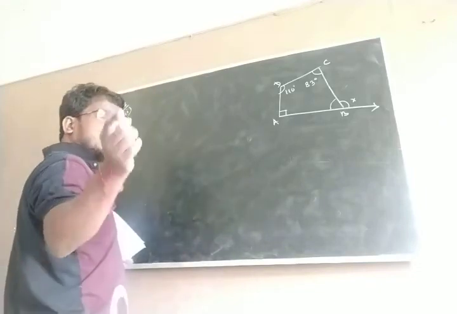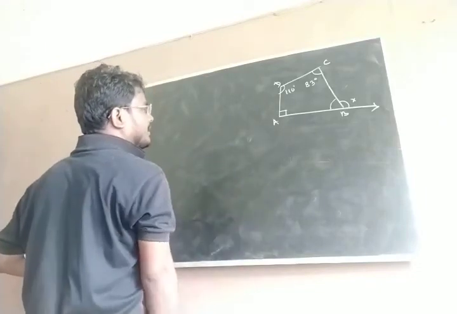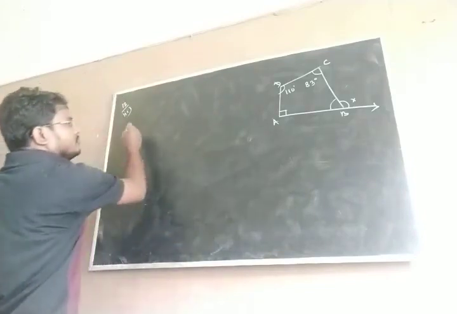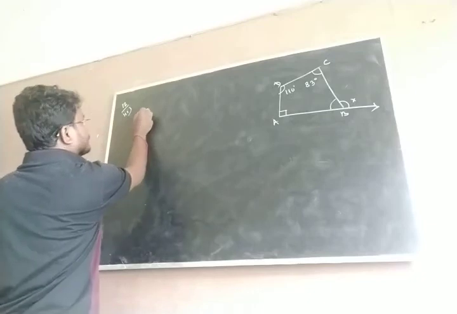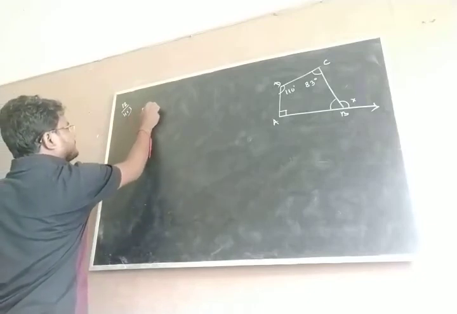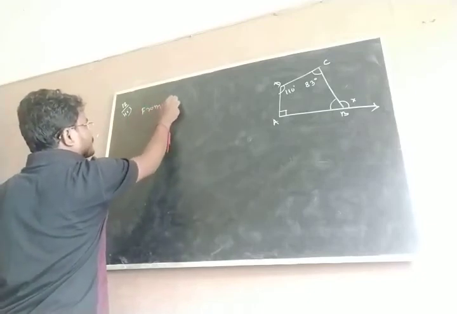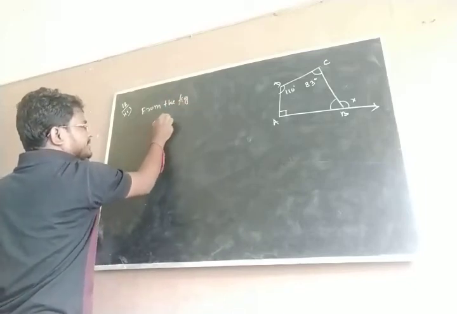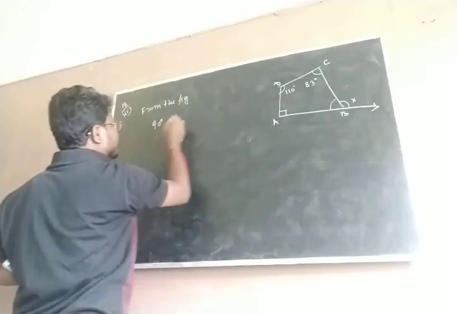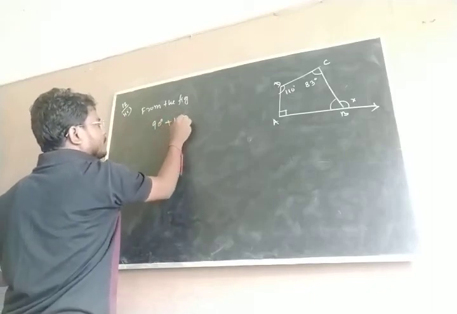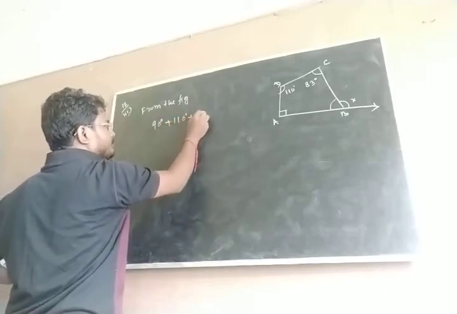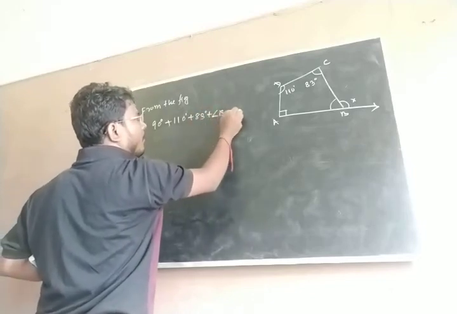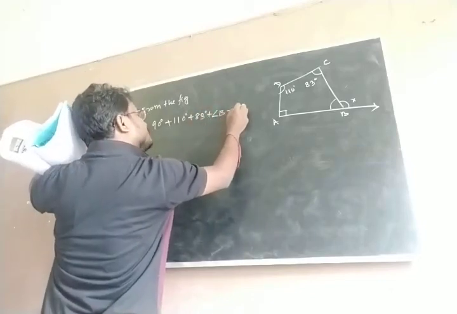And we know the sum of all angles of a quadrilateral equals 360. If you don't know, you can use this formula also. Therefore, from the figure, angle A is 90 degrees. This symbol means 90 degrees. This is 60 degrees.